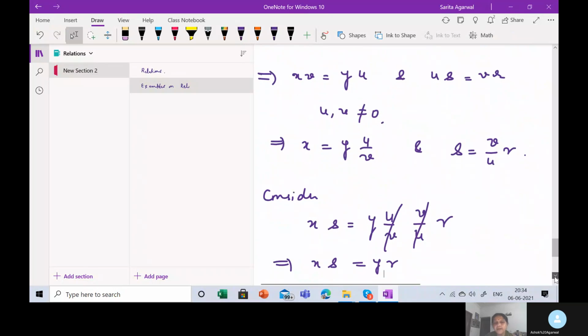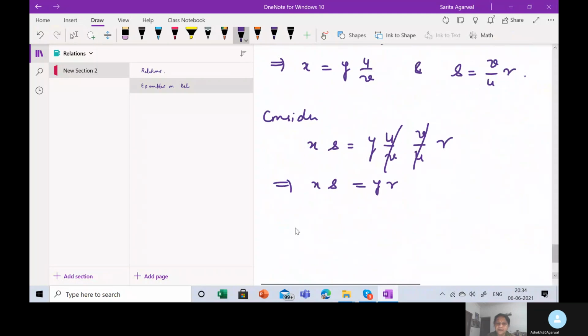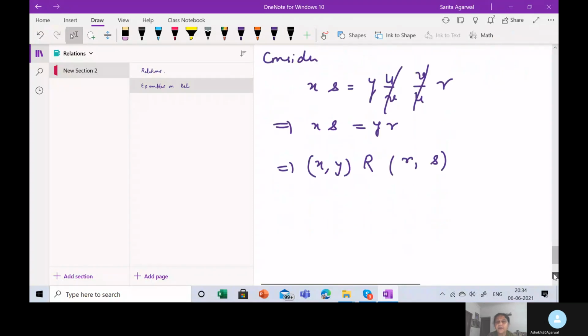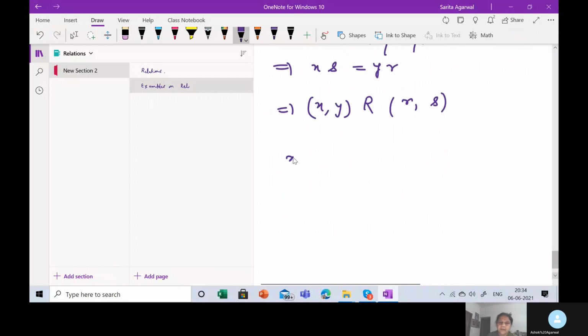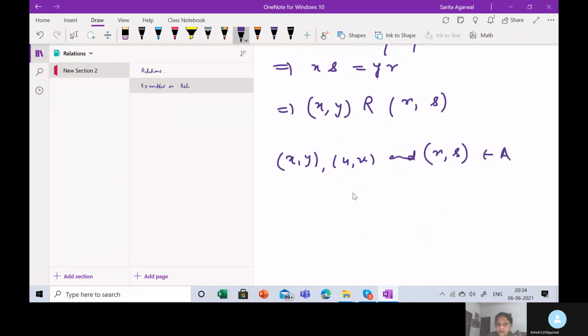And this gives us that (x, y) is related to (r, s), right? (x, y), (u, v) and (r, s) belonging to A are arbitrary.